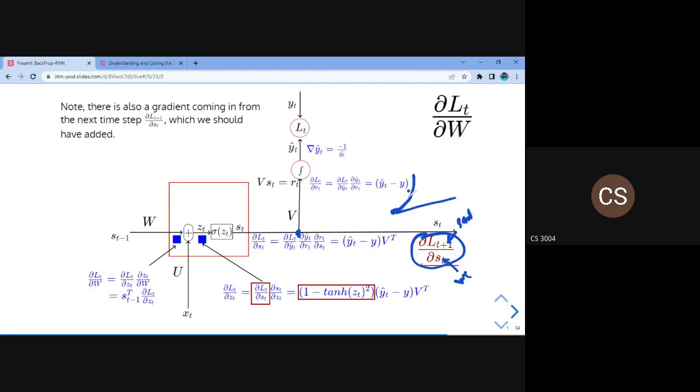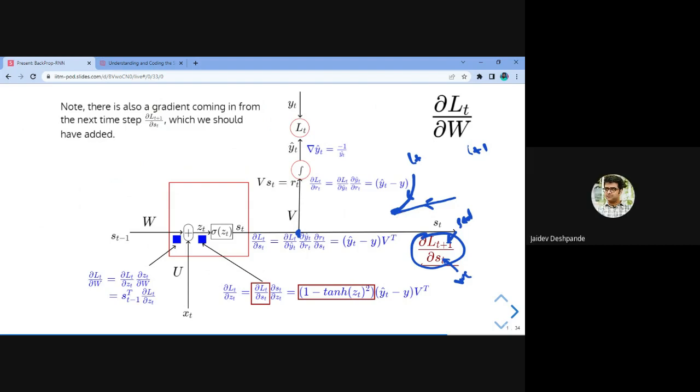So the local gradient is coming from this current time step as well, and the loss at t plus 1 is also coming from this path. So this gradient has to be added. Okay, so you take time.